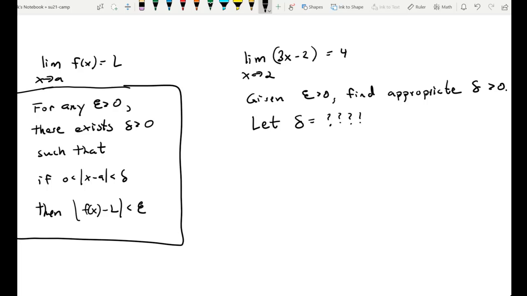Well, the criteria for defining delta is right over here. So what is a and what is L in our problem? Well, a is the number that x is approaching, and L is the limit. And our function is 3x minus 2.